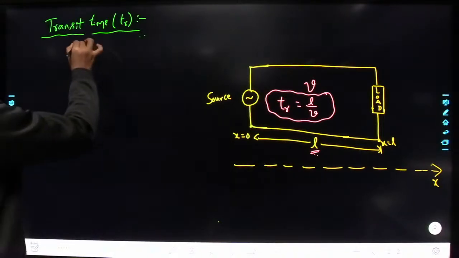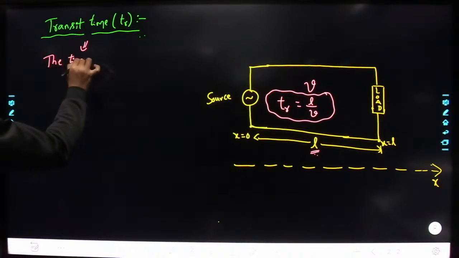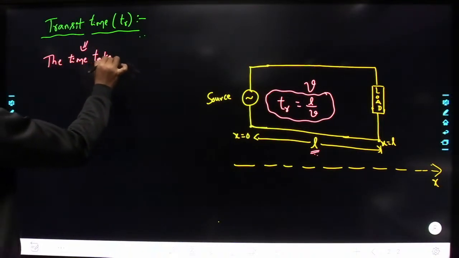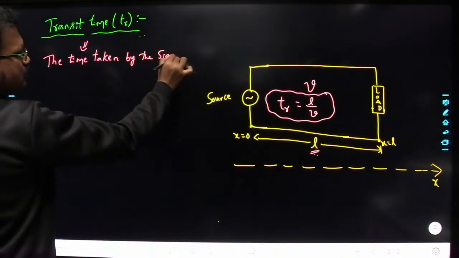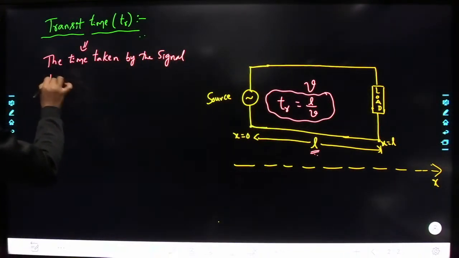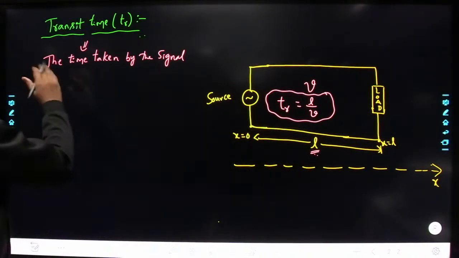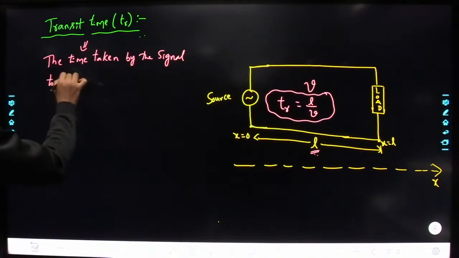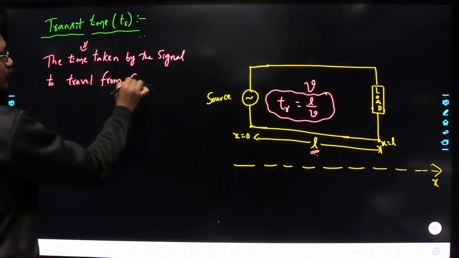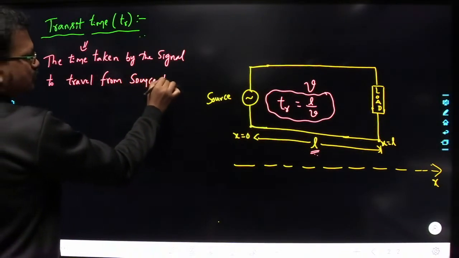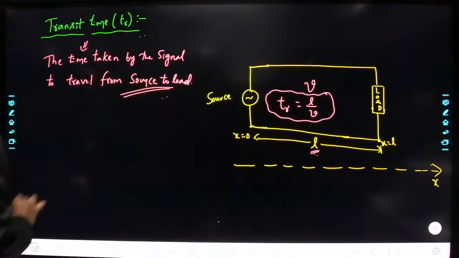So what do you mean by transit time here? The time taken by the signal to travel or to propagate, whatever you want you can use here, from source to load is called transit time.